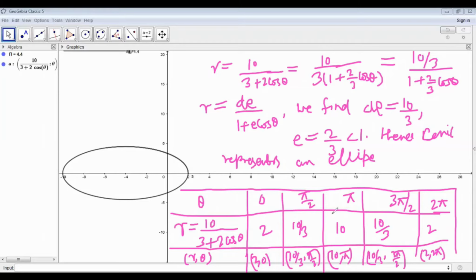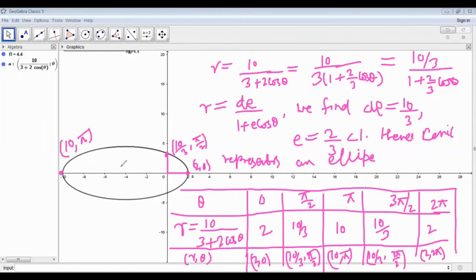If theta equals 0, r equals 2. From the origin this distance is 2, and the coordinate is (2, 0). For theta equals pi by 2, this line is theta equals pi by 2 and r equals 10 by 3. Another point is theta equals pi, where r equals 10, so the coordinate is (10, pi).